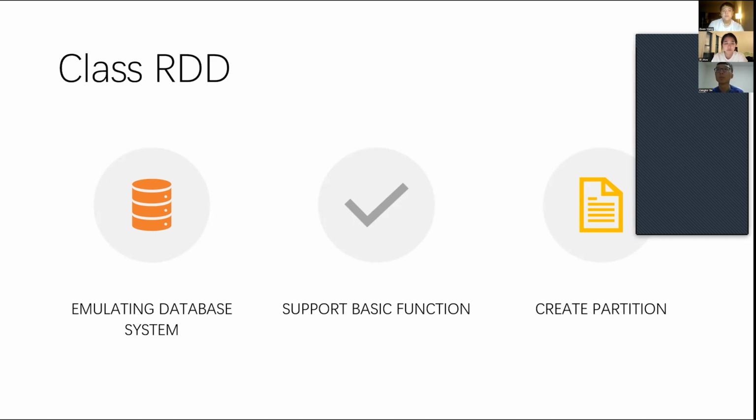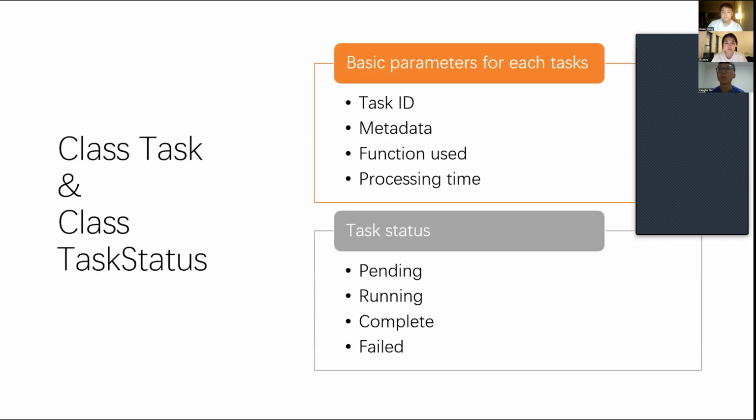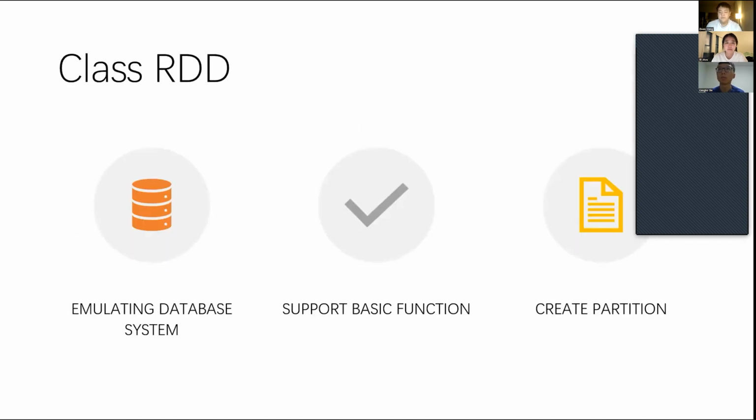And then the other important part for our RDD is that it also creates partitions. We have 2 functions for that. The first one is get partition data, and the second one is get partition location.